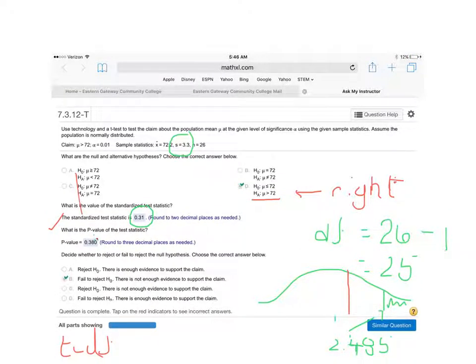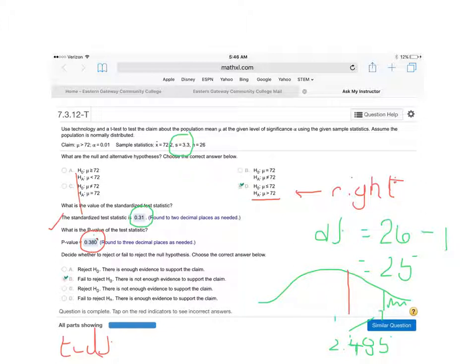My lower boundary would be my test statistic, 0.31. My upper boundary would be positive infinity, something like 10,000, and then comma 25 for my degrees of freedom. And that gives me, when I round to 3 digits after the decimal point, a p-value of 0.380.